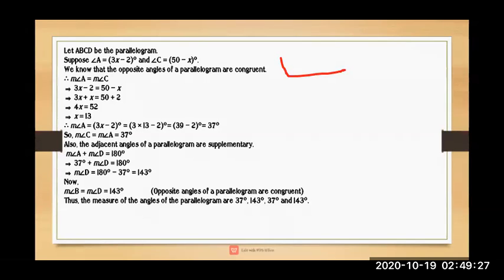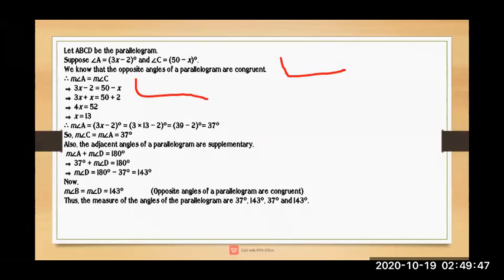So 3x minus x will come here, so it will become plus x, and equal to 50 minus 2 will come there, so it will show plus 2. Now 3x plus x will become 4x, equal to 50 plus 2, which is 52.